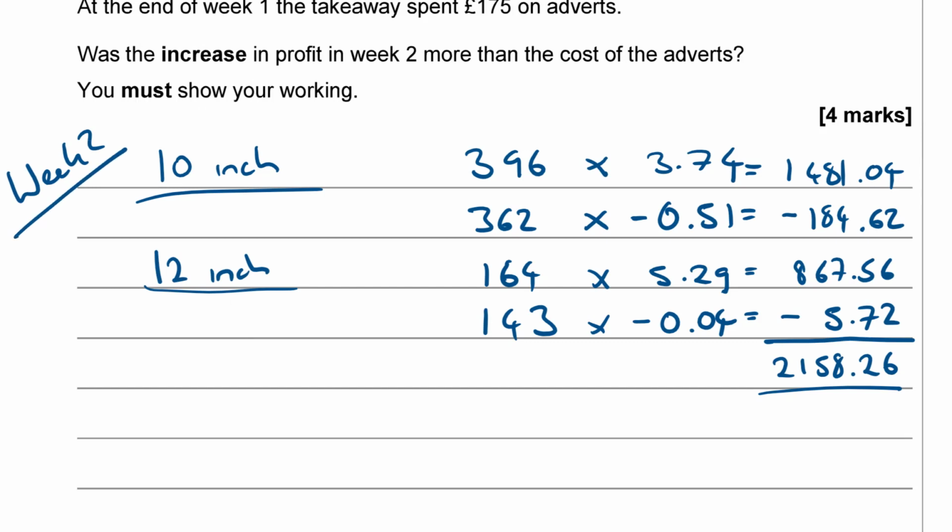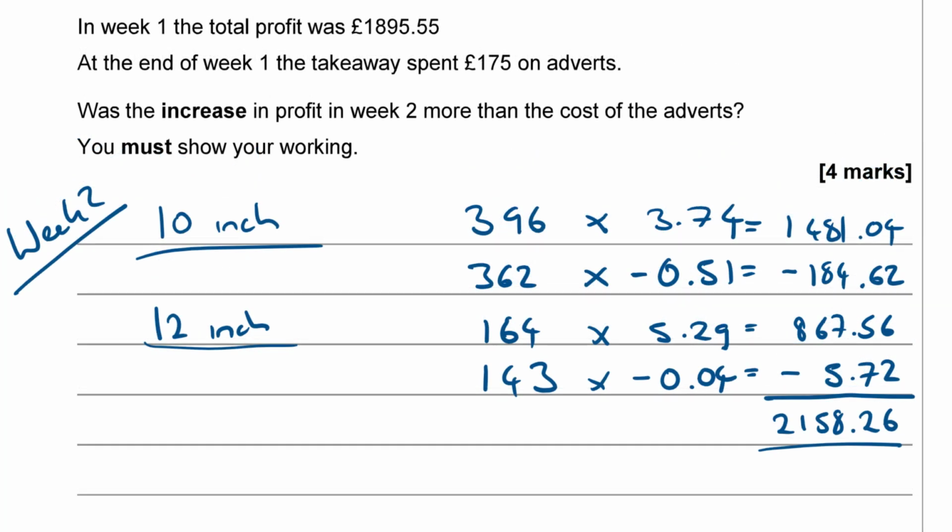Okay, now in week 1, what did we make in week 1? Okay, now we're told in the question that in week 1 the total profit was £1,895.55, and it says at the end of week 1 the takeaway spent £175 on adverts.